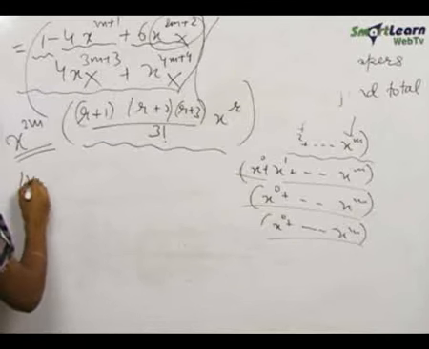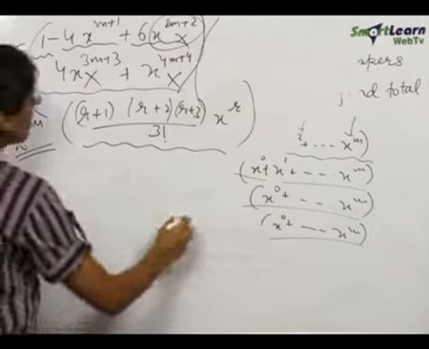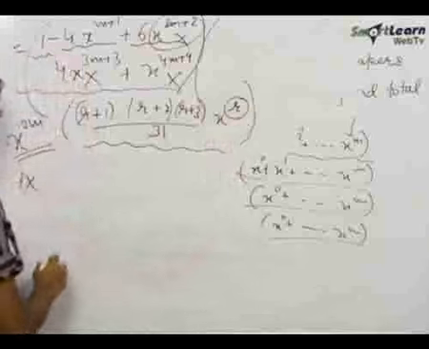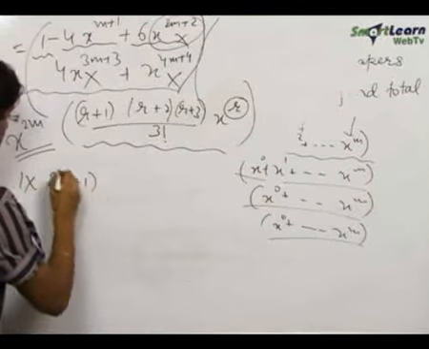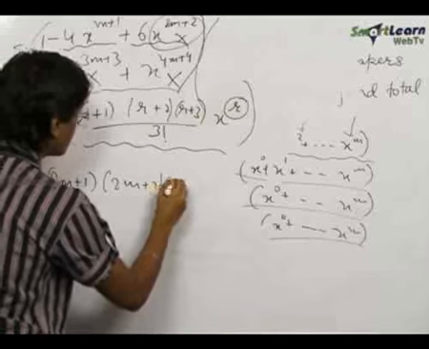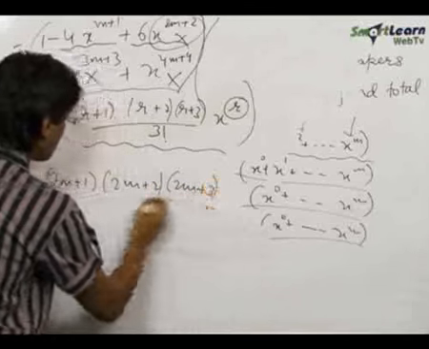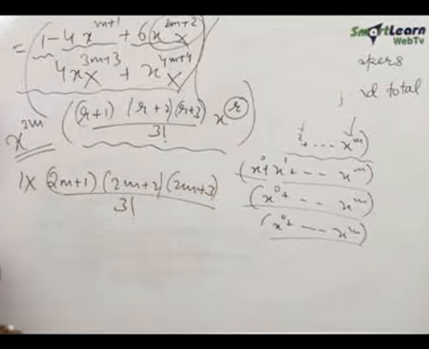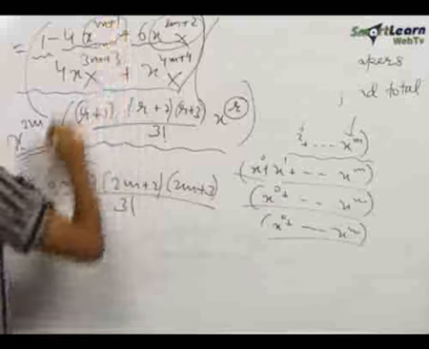So we have 1 into x power 2m, so we put r equals 2m, so this becomes 2m plus 1 into 2m plus 2 into 2m plus 3 upon 3 factorial, and over here we already have m plus 1.